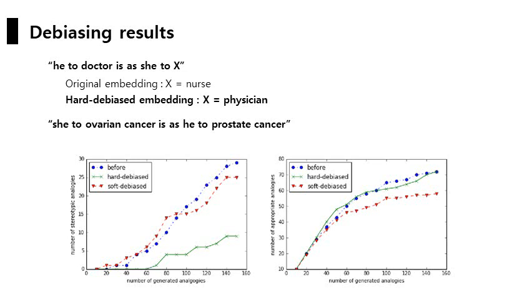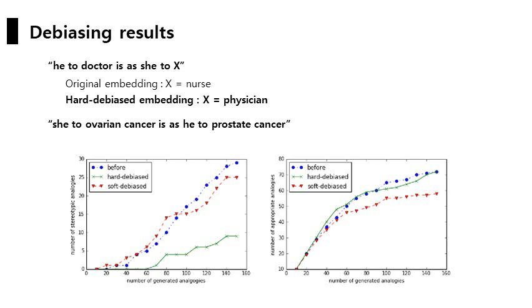As an example, consider the analogy puzzle. He to doctor is as she to X. The original embedding returns X equals nurse, while the hard debiased embedding finds X equals physician.